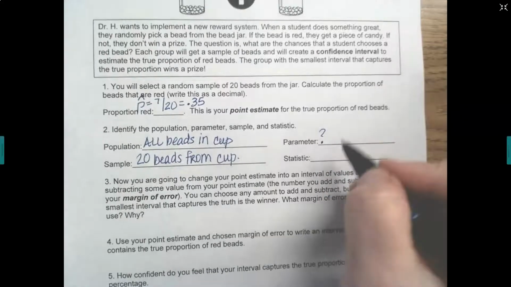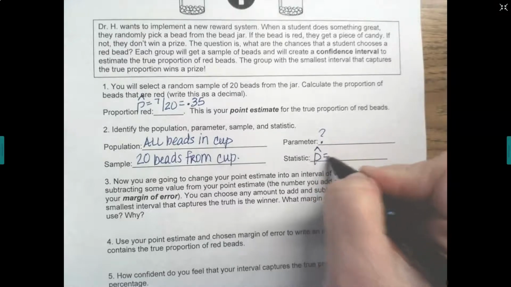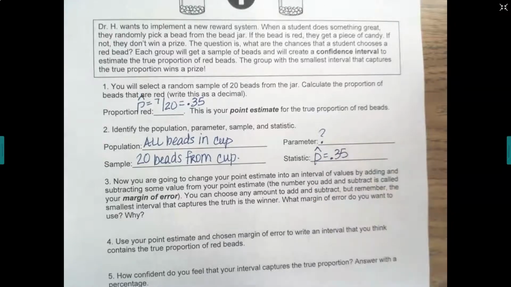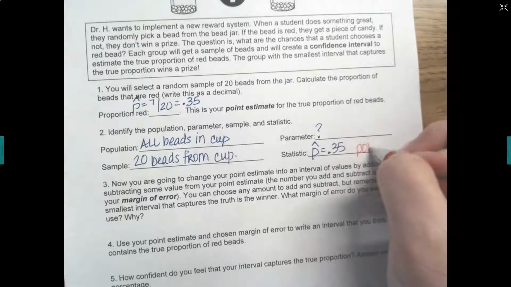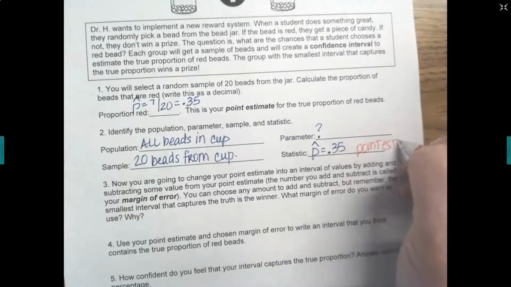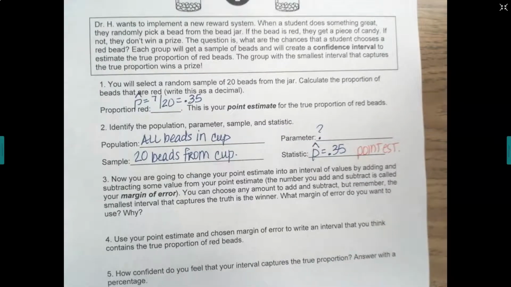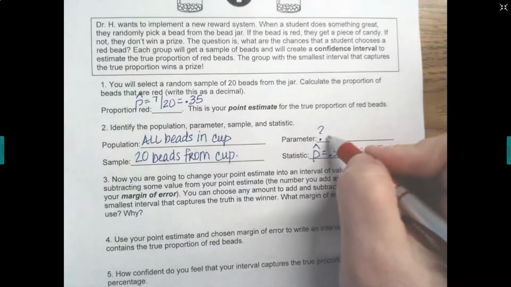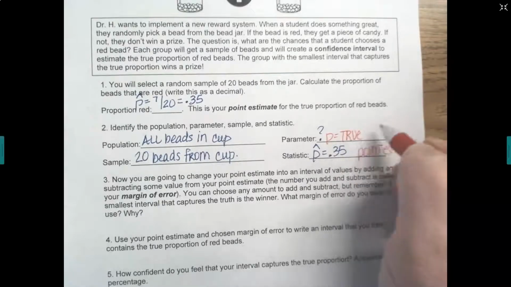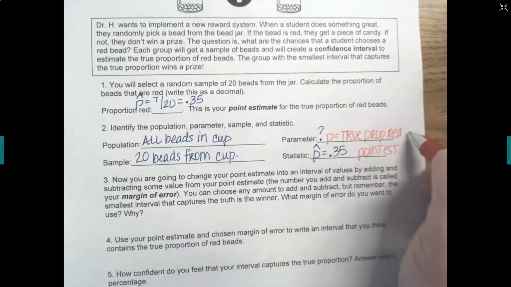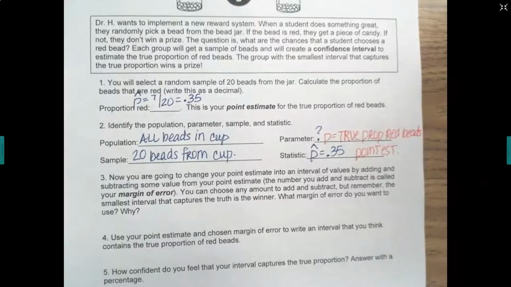Okay, and then we had a sample, a statistic. We had 0.35. All right, so that 0.35, remember we called that the point estimate. That's what we're estimating the population to be right now. And then our parameter, p equals the true proportion of red beads. We don't know what it is, so we're just defining what it is. It's the true proportion of red beads.